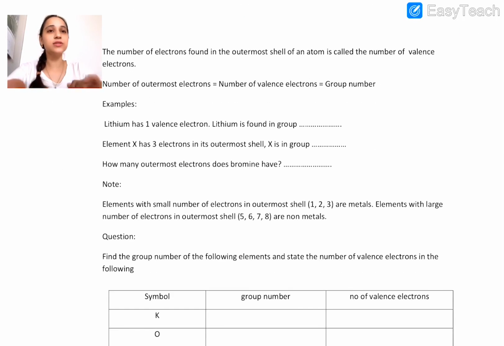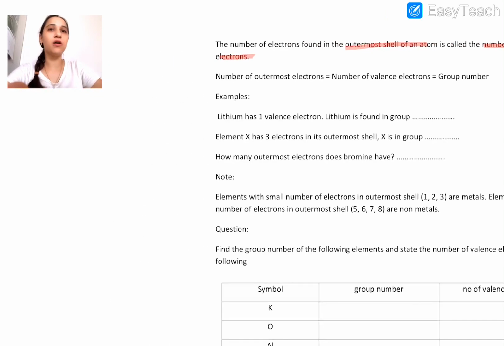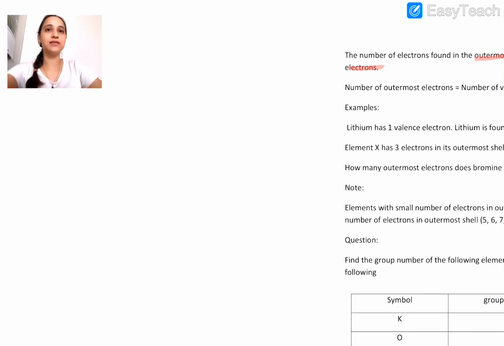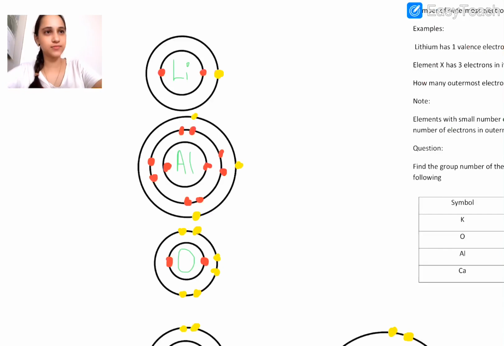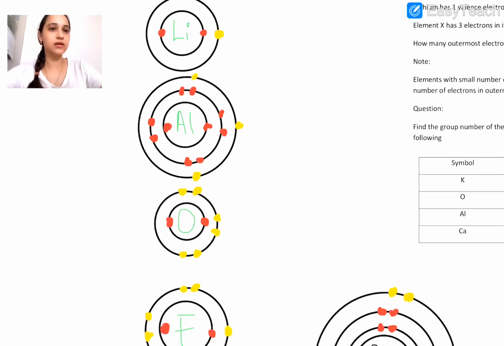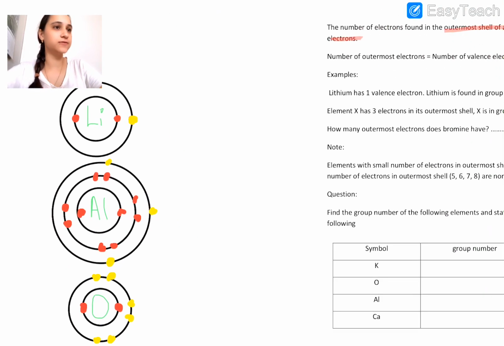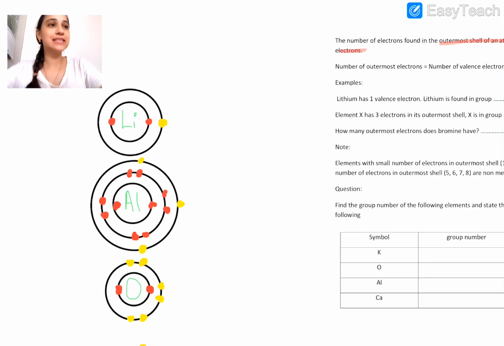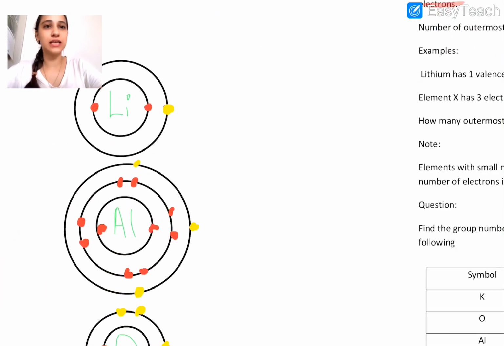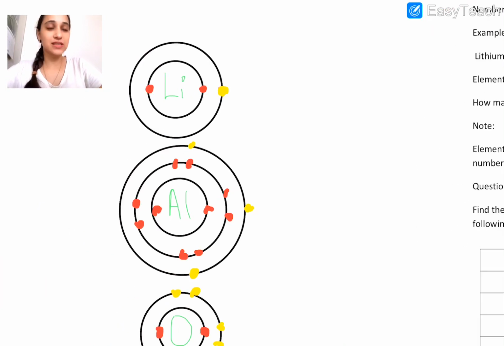Okay, so the number of electrons found in the outermost shell in an atom is called the number of valence electrons. Let's say you have a couple of atomic structures. Okay, so these are a few drawings of the atomic structure of a few elements. So let's see what the valence electrons are. All the electrons that you see in yellow are the valence electrons.